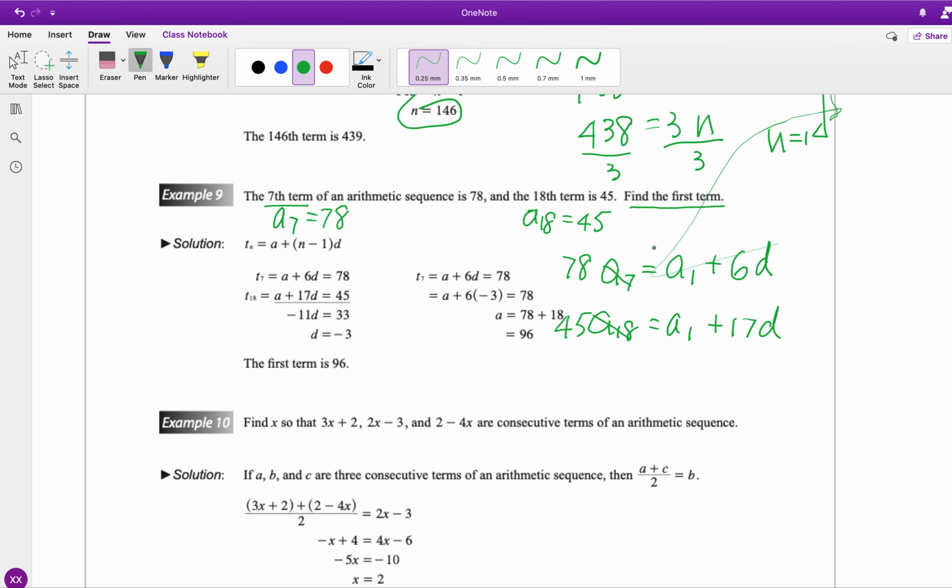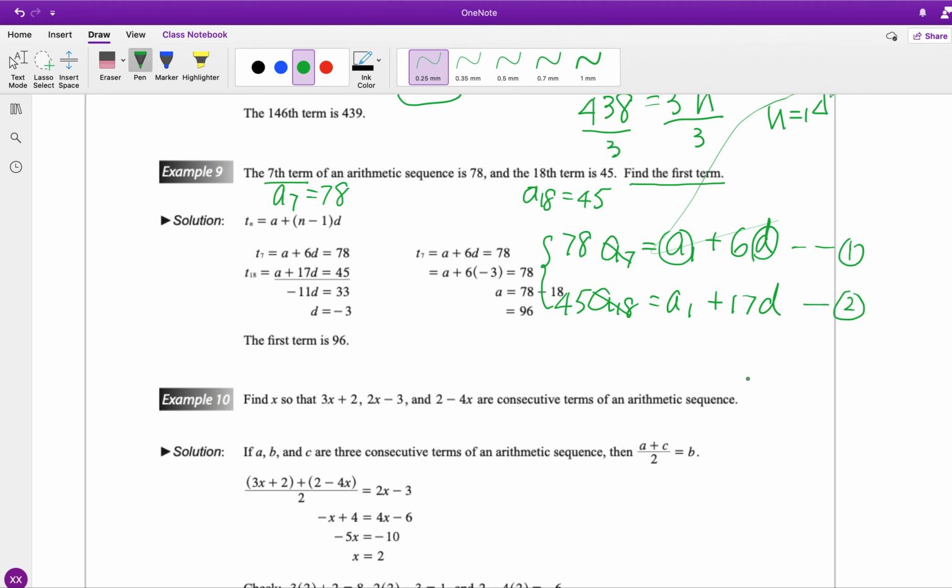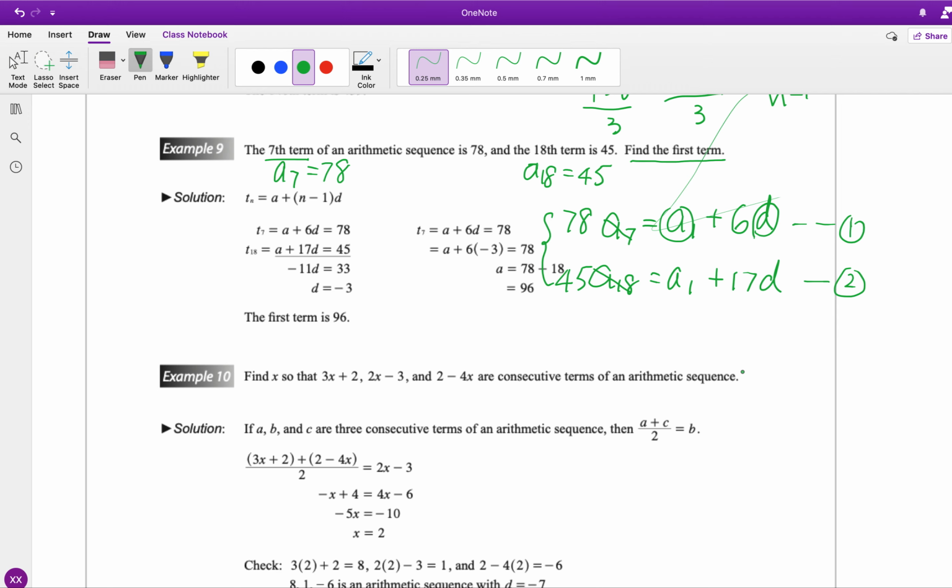What are our variables? The variables are A1 and D. So we have two equations to solve. This is our first equation, and this is our second equation. Pretty easy. You have practiced how to solve these. It's much easier to use the first to subtract the second. So 78 subtract 45, that is 33.